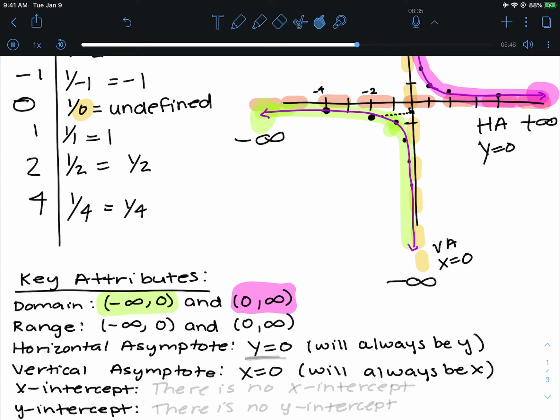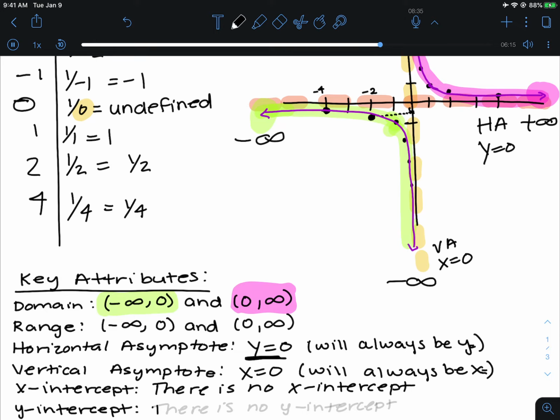Okay, now for an x-intercept, in this situation, there is no x-intercept because I have an asymptote at the x-axis. So there is no x-intercept, because I have an asymptote literally at 0.